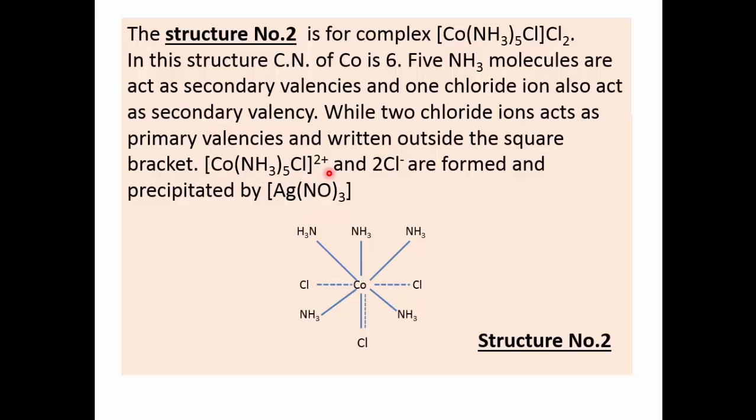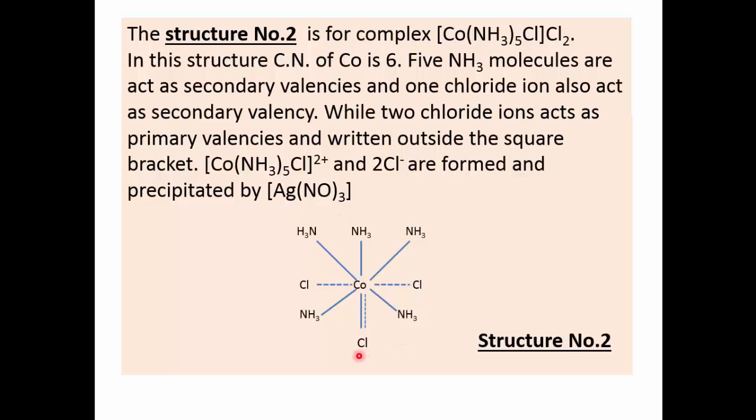So this is the cation, and 2 anions, that means 2 chloride ions, are written outside the square bracket. These 2 chloride ions are ionizable. They are called primary valency, and hence they are precipitated by AgNO3. So in this way, this is the structure of this compound.